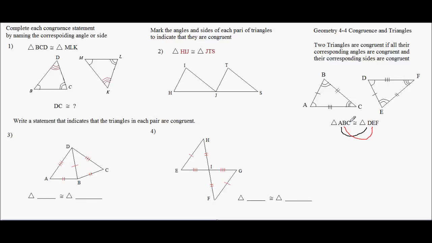So that matters. It matters that AB here corresponds to DE. See that? DE. So you'll be asked things like, complete each congruent statement by naming the corresponding angle or side. So DC is the same as KL.